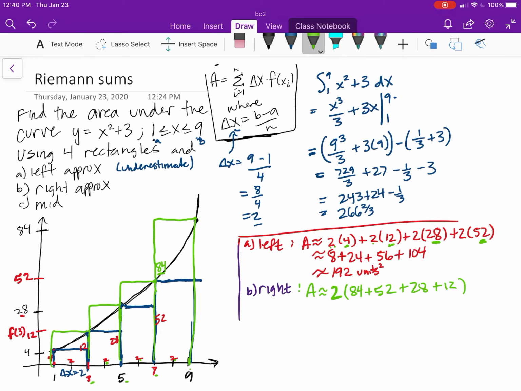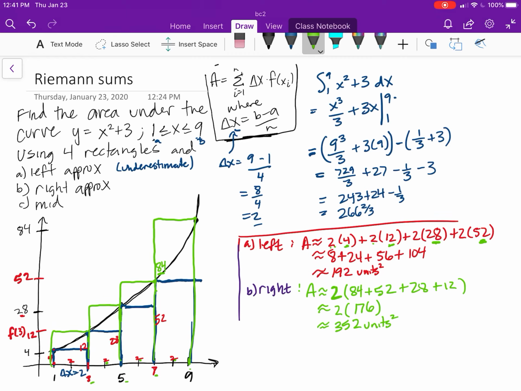But now we have this large end rectangle. So we get 2 times, let's see, that's 40, 92, 176, so 352 square units. That's our right approximation.